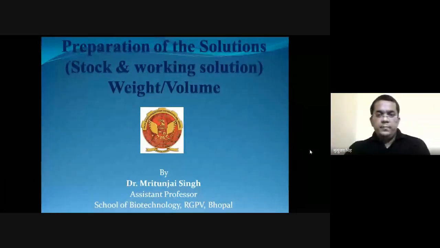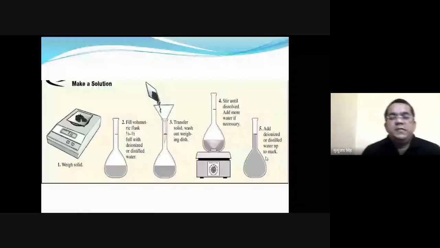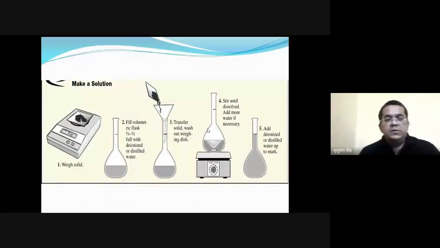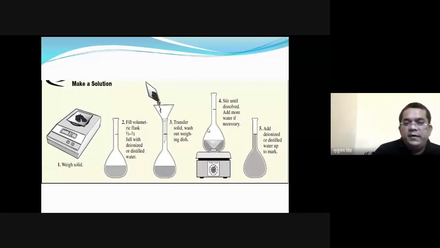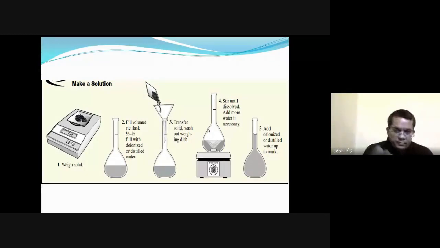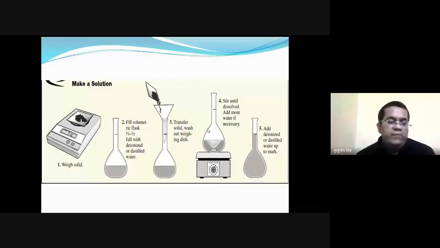Now, the first question is how to make a solution. For making a solution, you first weigh the solid using a balance, an analytical balance. For weighing, you require a weighing pan, or weighing boat, or you can use butter paper or a watch glass.